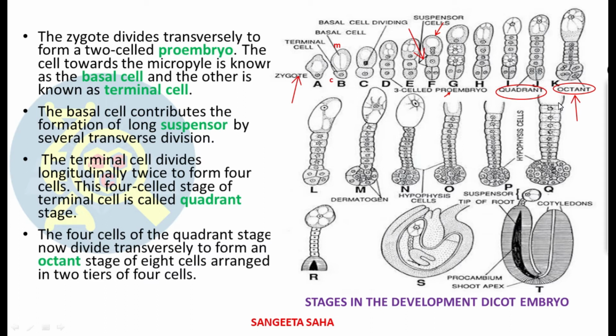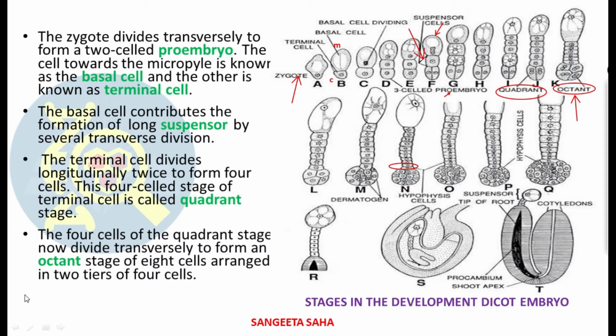Now there is one cell which is in contact with the proembryo, known as the hypophysis. This part. Now other parts remain the same with the haustorial cell at the end.